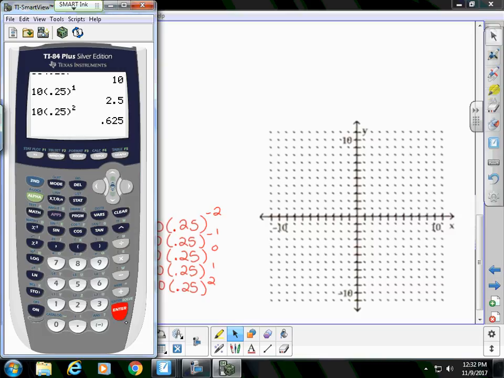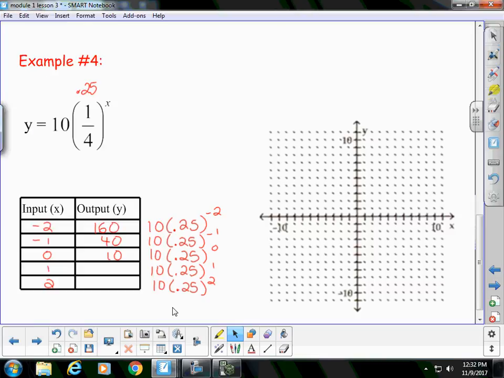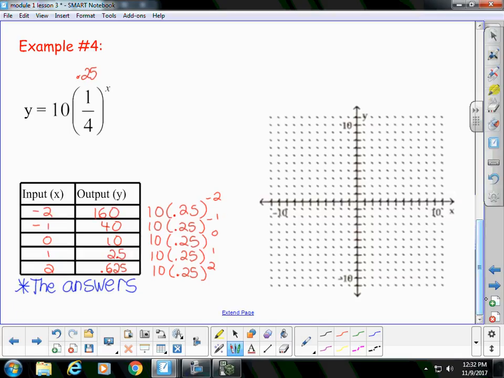So 2.5 and 0.625. So on this one, the answers decrease. And there is a reason for that, and I'll explain it in just a minute.